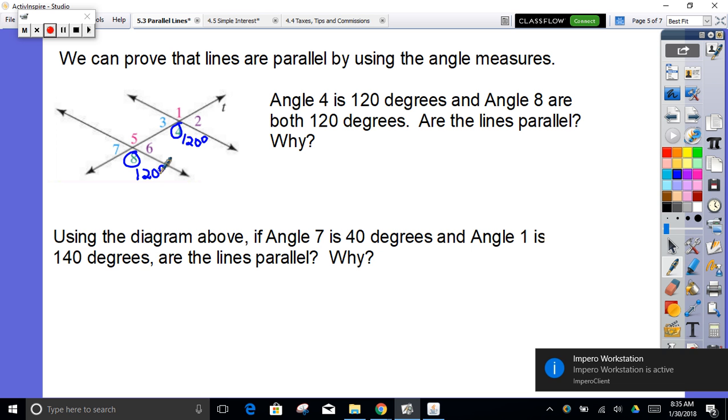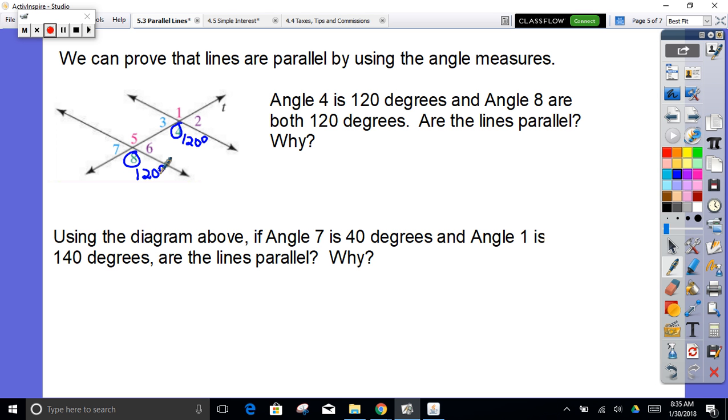So angles 4 and 8, if those lines were parallel, we would call them corresponding angles. Corresponding angles are equal. So since they are equal, we can say that they are corresponding angles to the parallel lines. So angle 4 and angle 8 are corresponding angles.